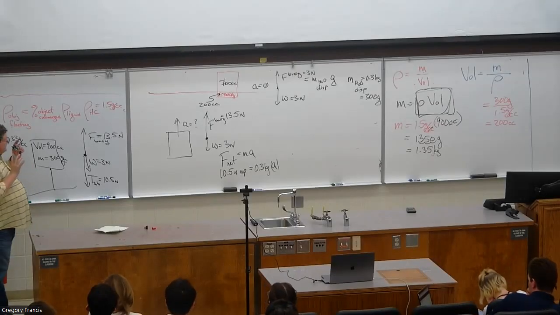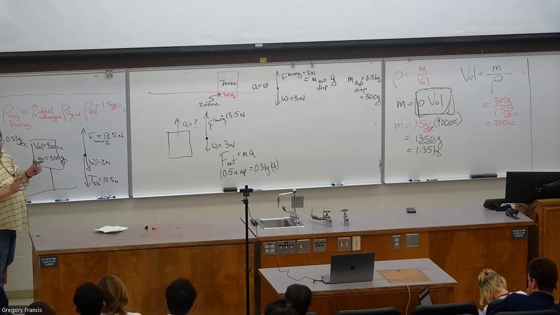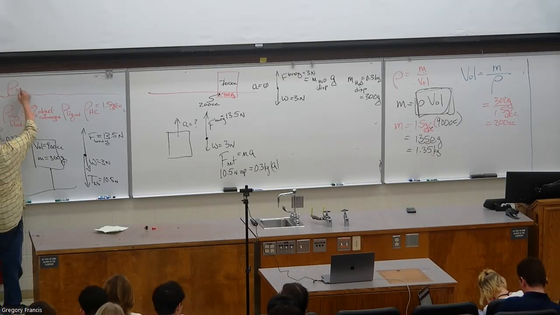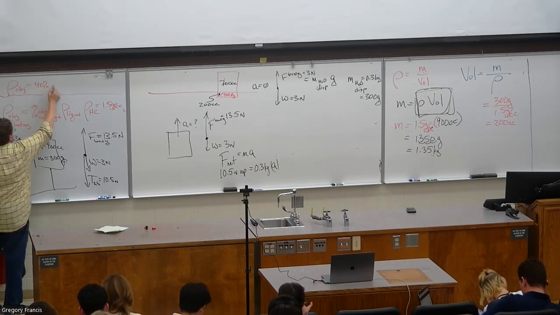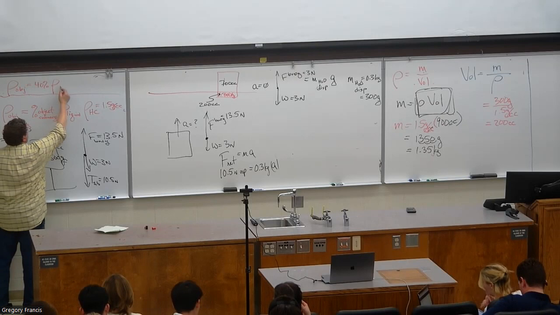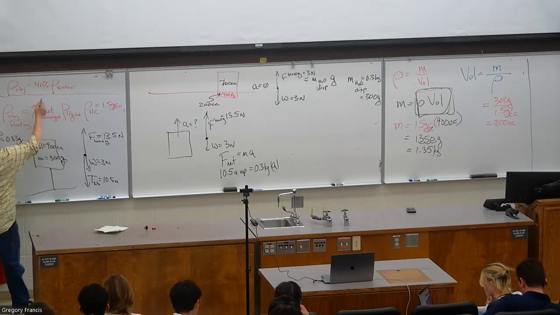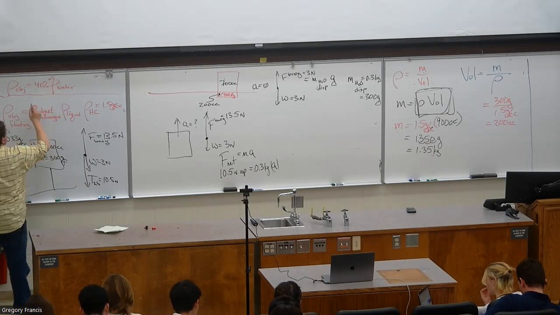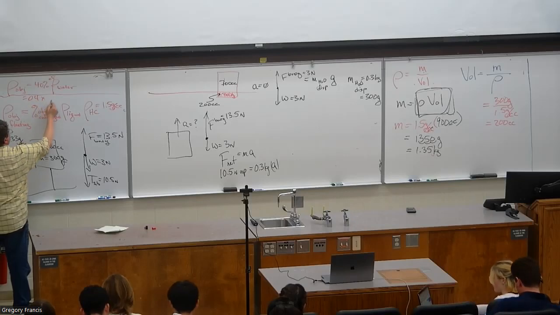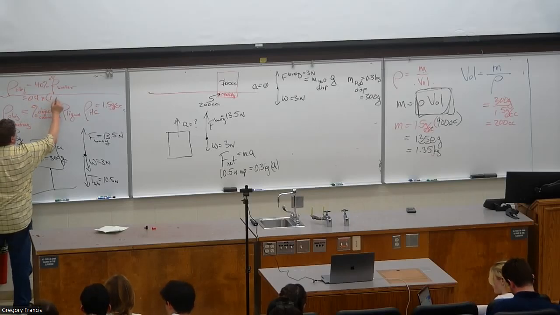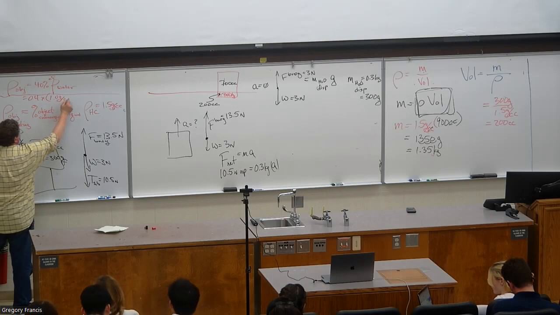So if you can only see 60% of the object, that means you can't see 40% of it. And that would mean that the density of the object is going to be 40% of the density of the liquid. Let's say it's water. Well, 40% of is the same as saying 0.4 times the density of water of 1 gram per cc.